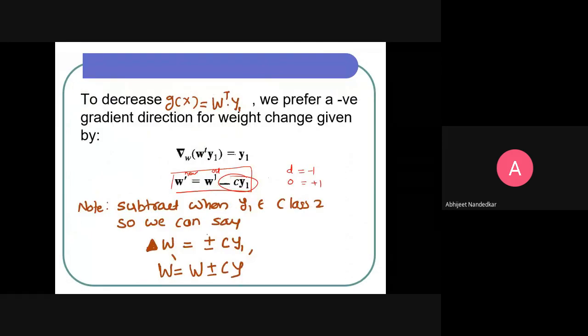So you have now two options for correction. The change in weight can be positive or negative. It can be added or subtracted. Based on the situation, you will do this. So in general, W new is equal to W old plus or minus C into Y, that is the input.